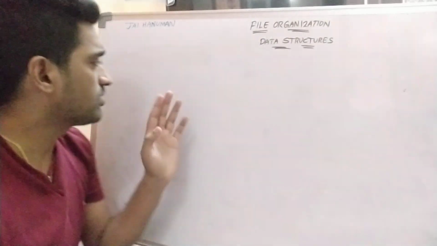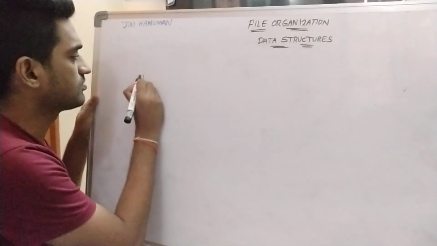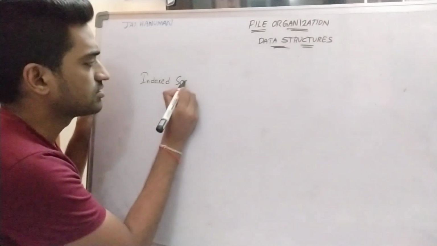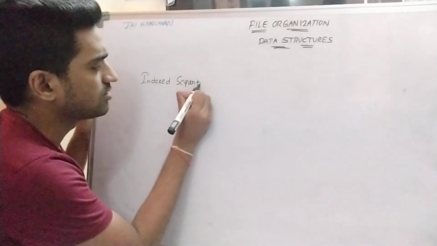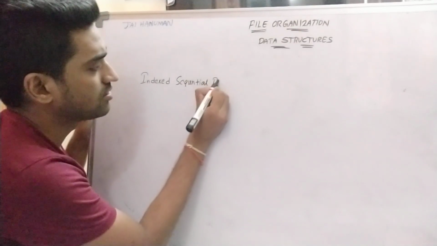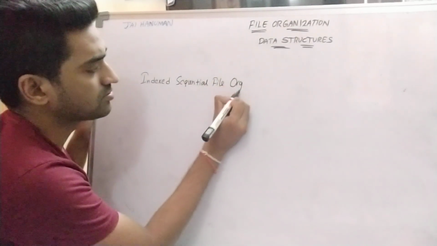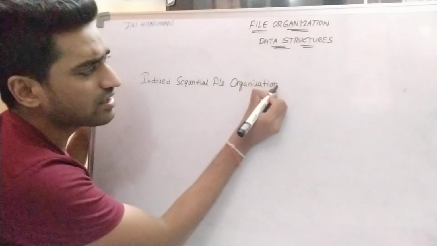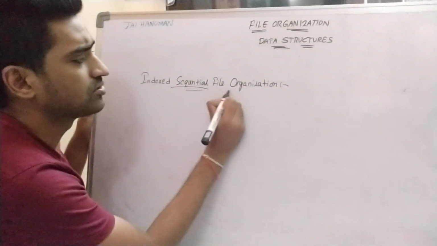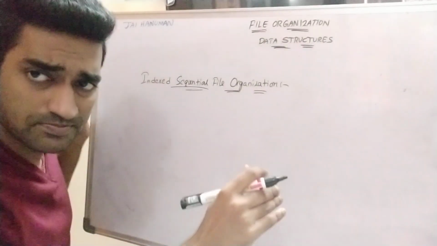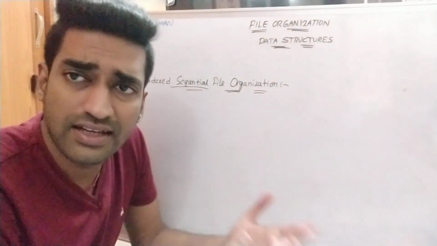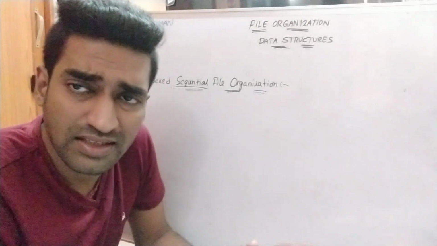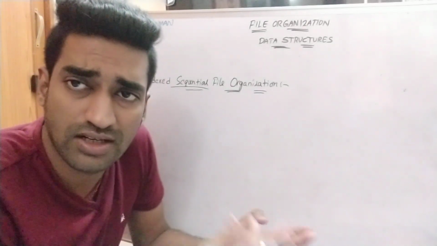So first of all, what is indexed sequential file organization? Why are we using file organization techniques? To process any file in an efficient manner, we need to apply file organization techniques. What are those?